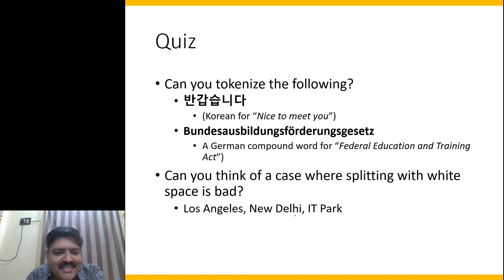Here are some examples: New Delhi, IT park. There's no point in matching the word new. If you're querying for New Delhi, you don't expect documents that contain new in it. You want documents that contain both new and Delhi in it. So know that always splitting with white space also does not work.